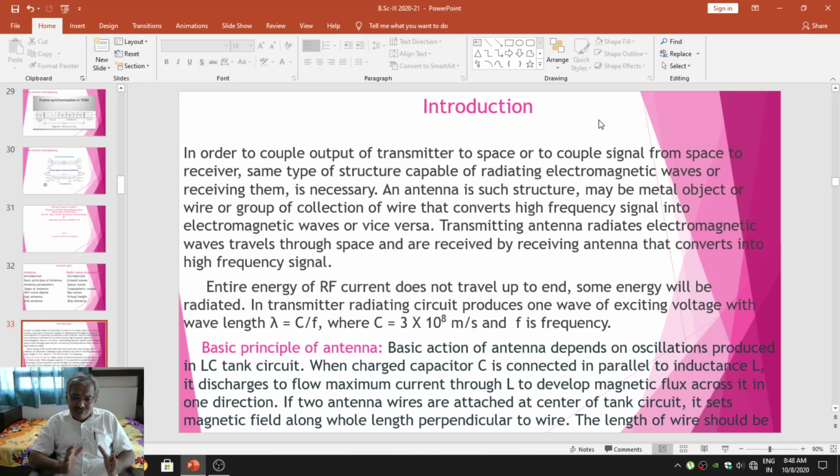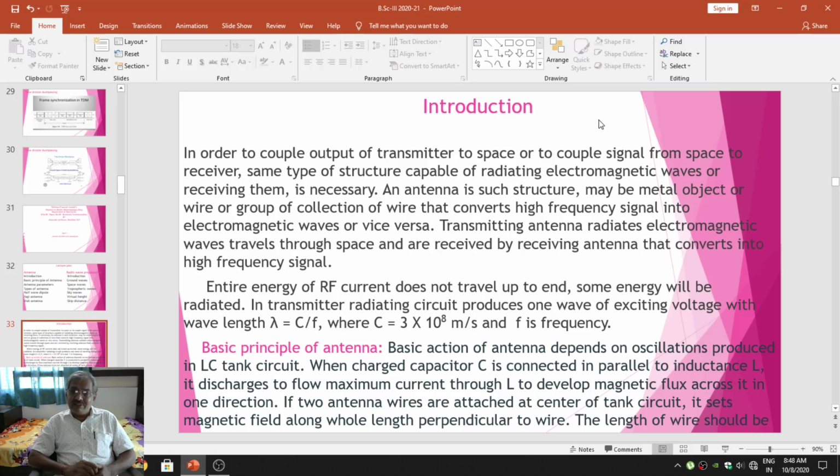The antenna not only does the job of coupling. As we are aware, in a transmitter the process of modulation takes place, and a high frequency signal is generated. That high frequency signal may be available in the radio frequency range, it may be in the VHF or UHF range.